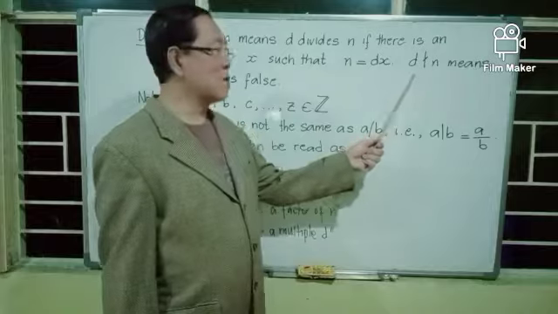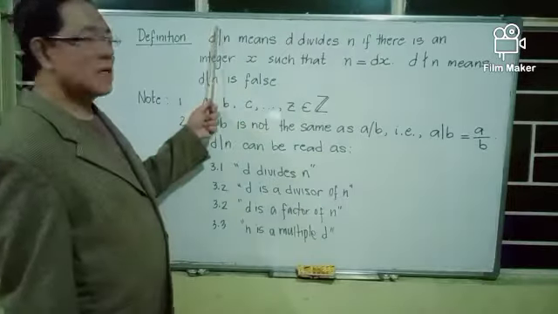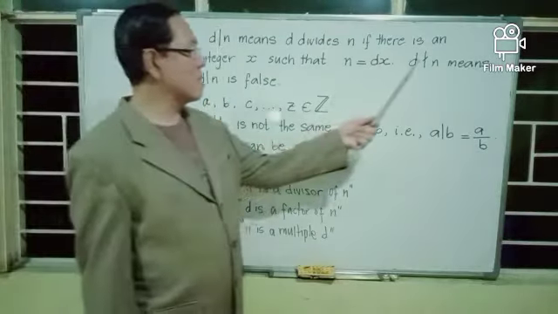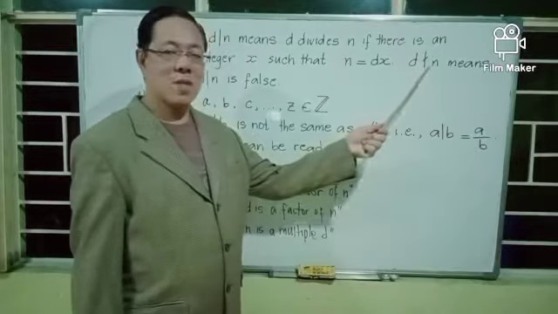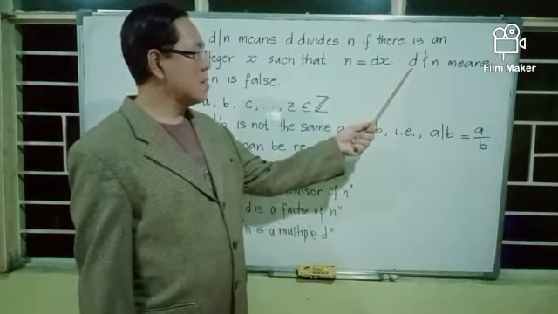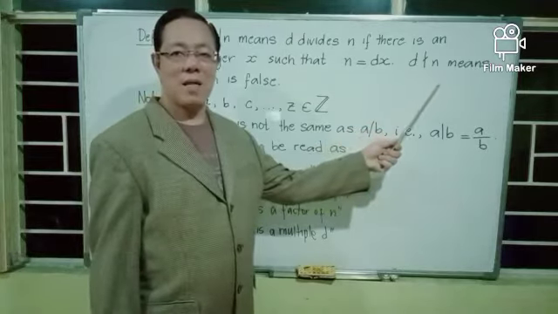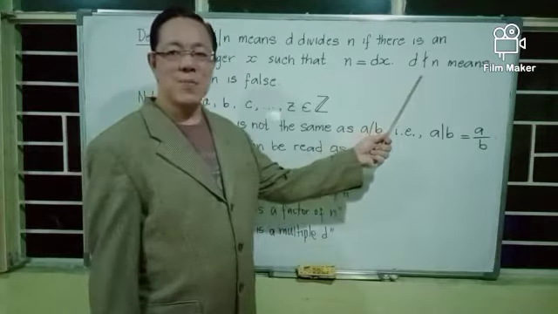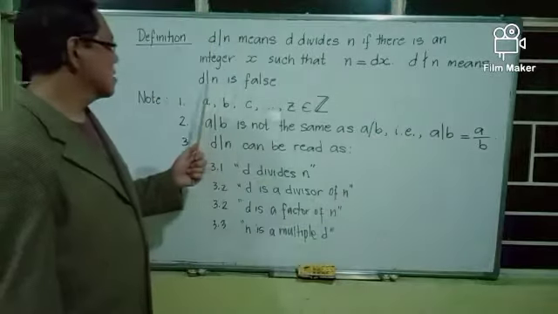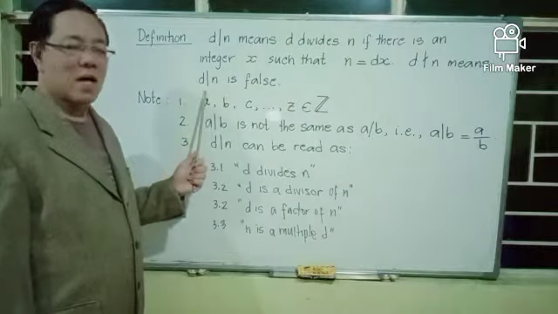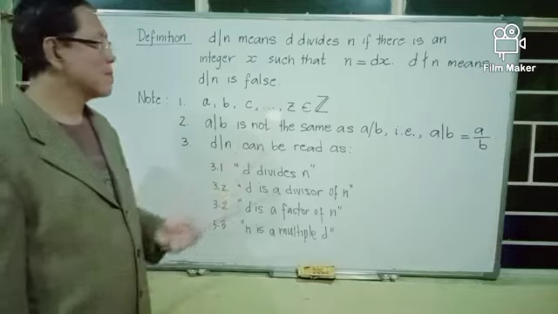And this notation, with a vertical line with a small line across it, is read as d does not divide n. And d does not divide n means that d divides n is false.